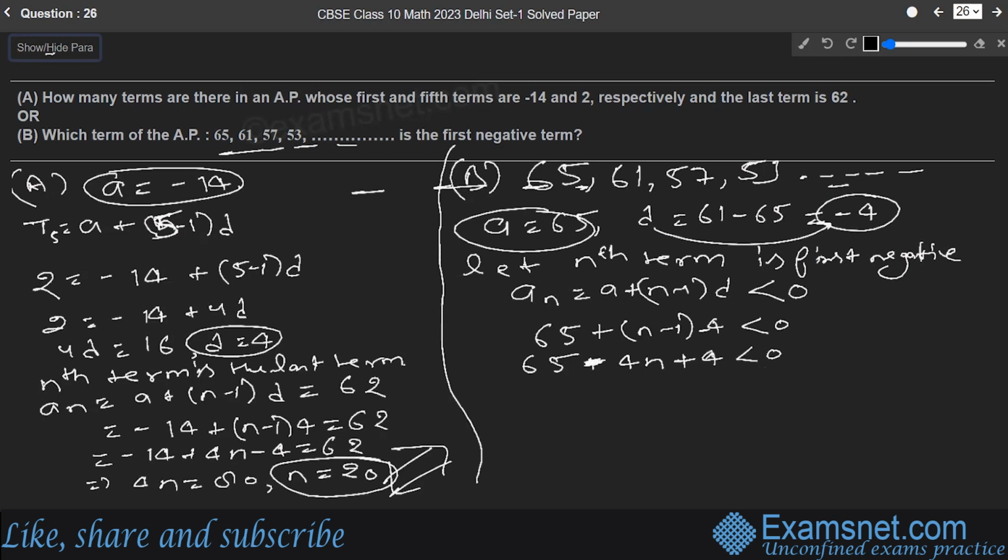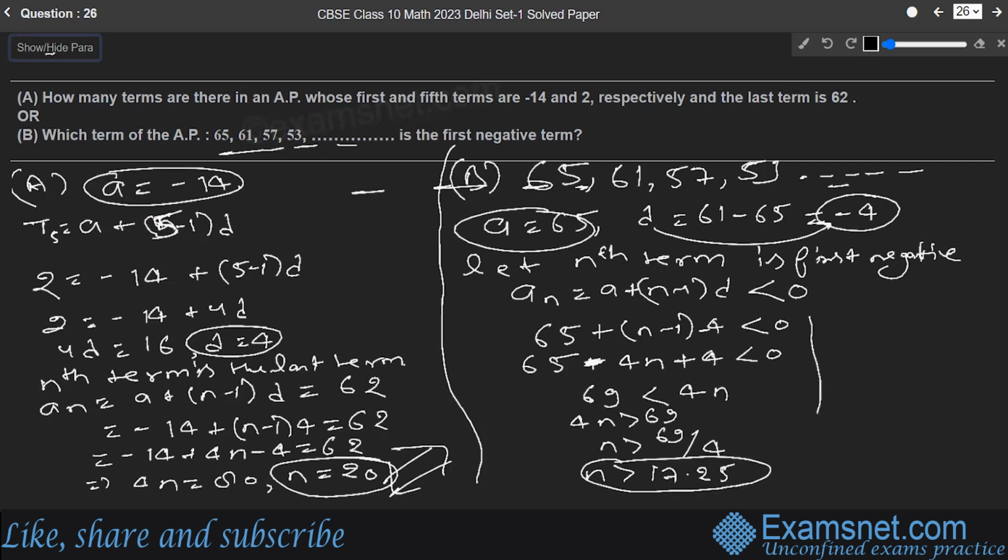If you solve this further, we can say 69 is less than 4n, or 4n is greater than 69. So n value is greater than 69 by 4, which is nothing but 17.25. So n has to be greater than 17.25.